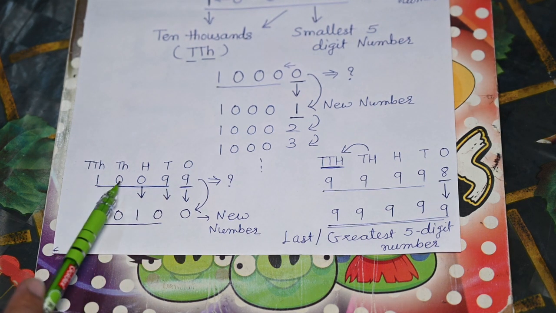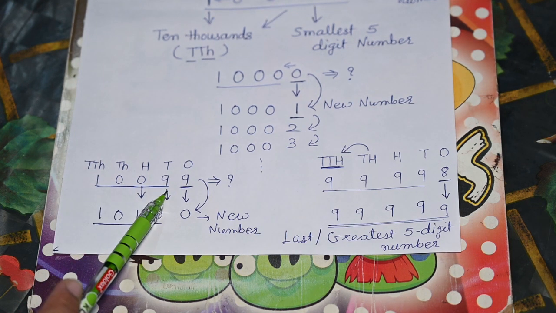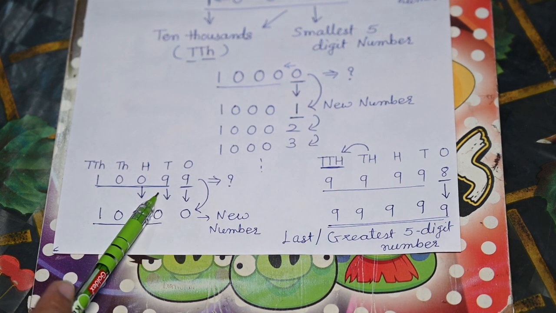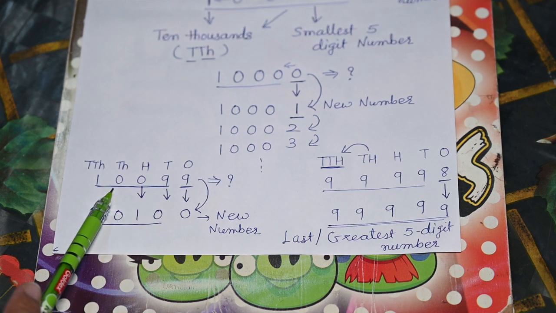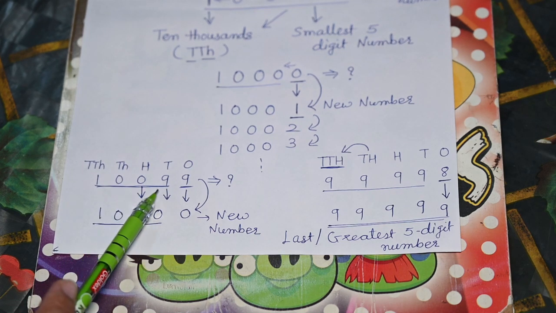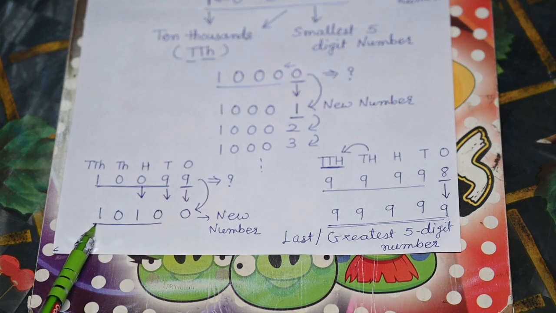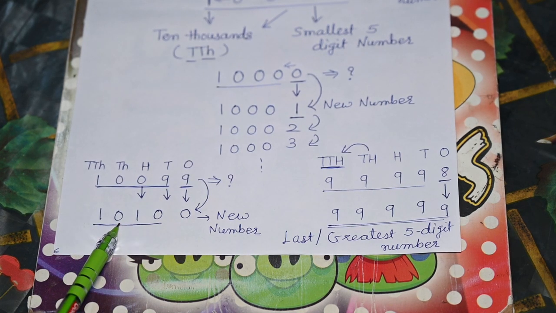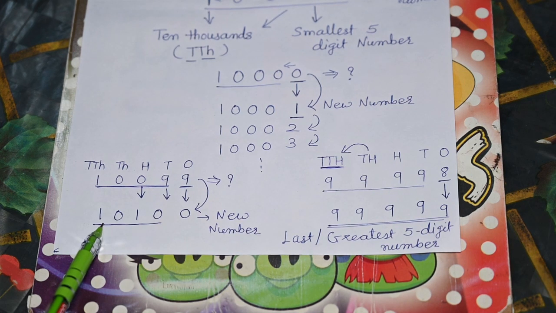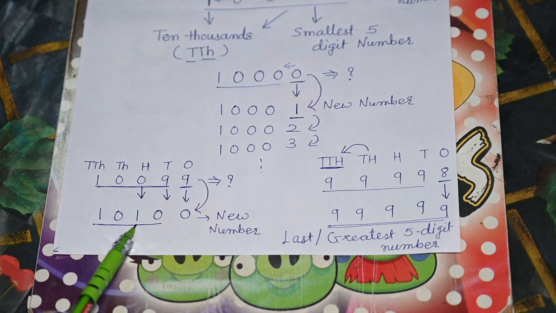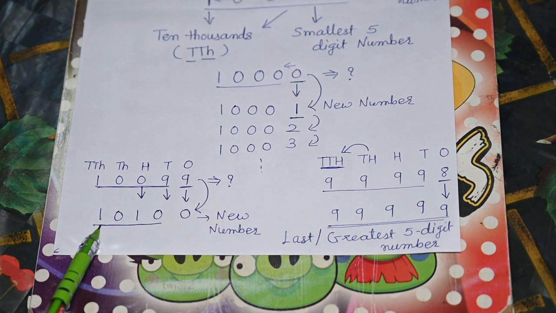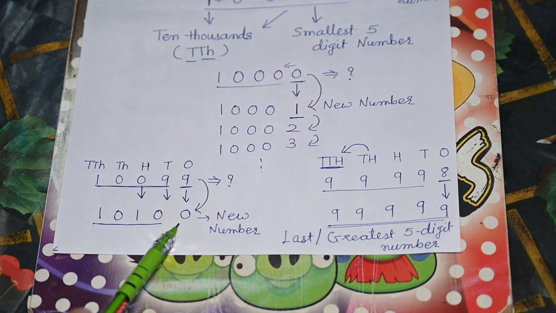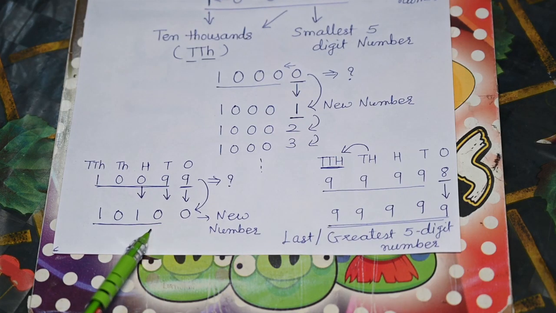It is 1009. This number should be increased by 1. So after 1009, the next number will be 1010. So we will write here 1010. So our new 5-digit number is 10100. So this is how we can find the next number given any 5-digit number.